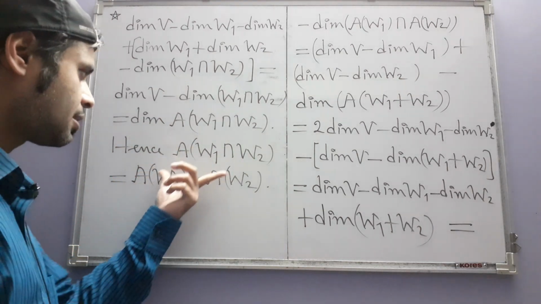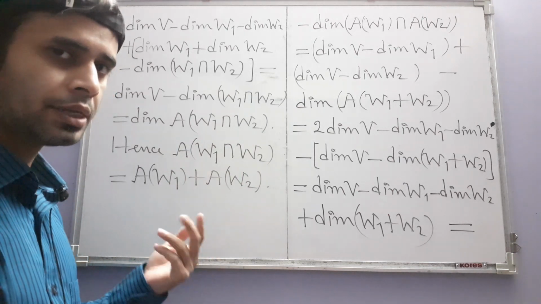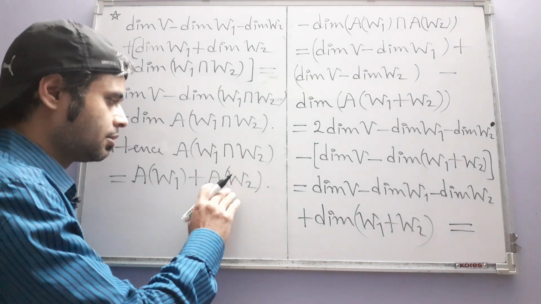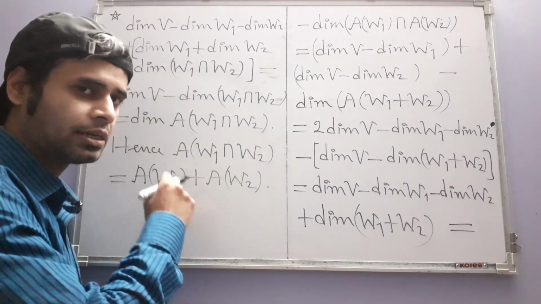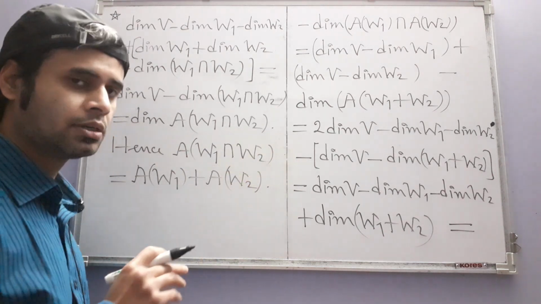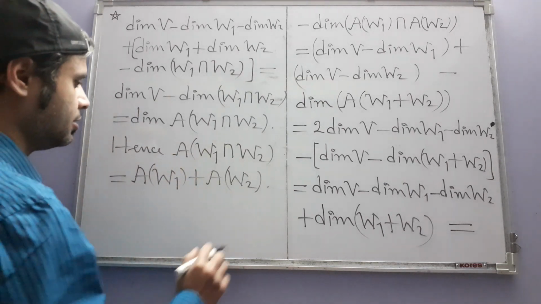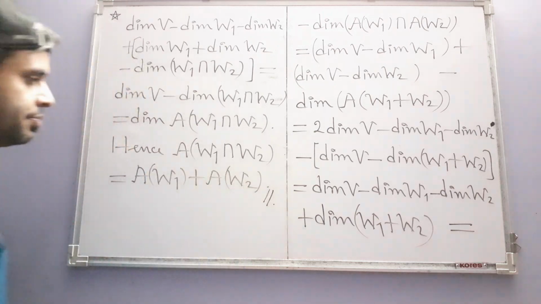So this is a subspace of this and they have the same dimension, so they must be identical. Why? Because the dimension of any proper subspace of a finite dimensional vector space is less than the dimension of the original space. So we must have equality here, and that's just it. That is the solution.